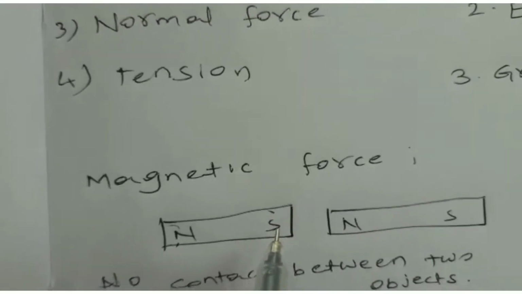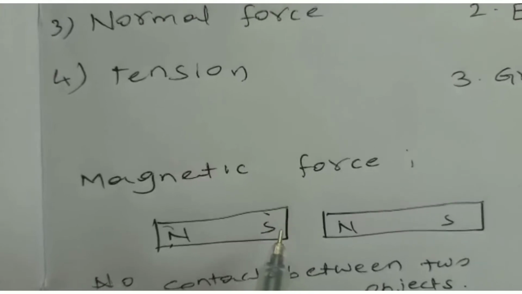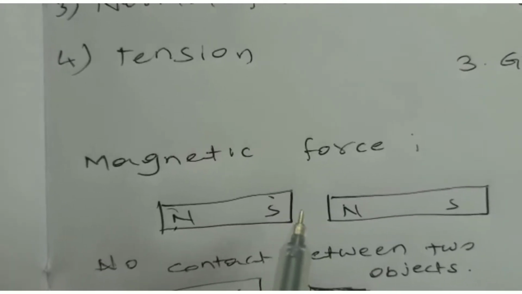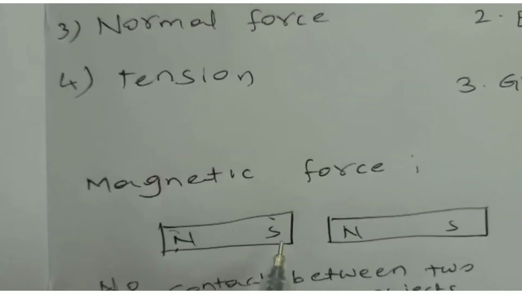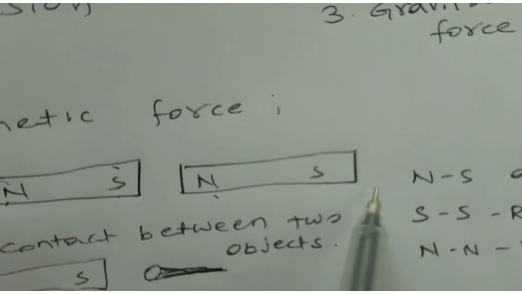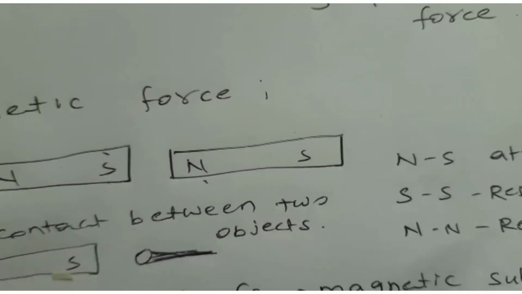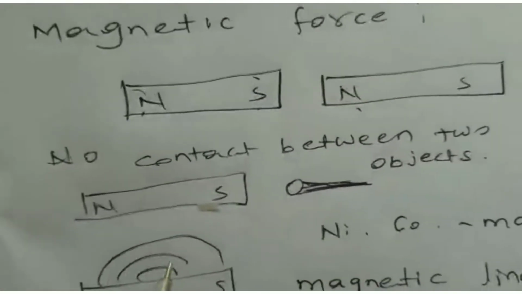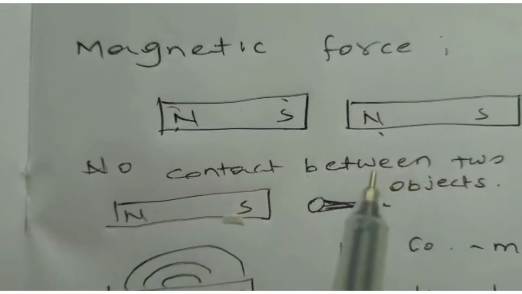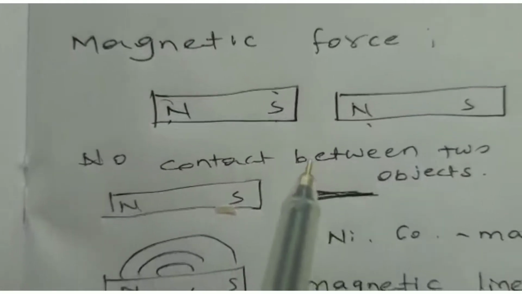When you bring two magnets at some distance, they will attract each other. Opposite poles, north and south, attract; same poles, north and north or south and south, repel. There is no contact between the two magnets. It is called field force.